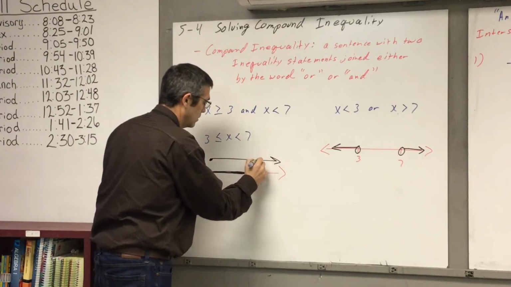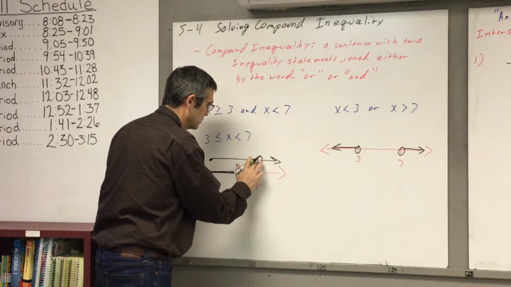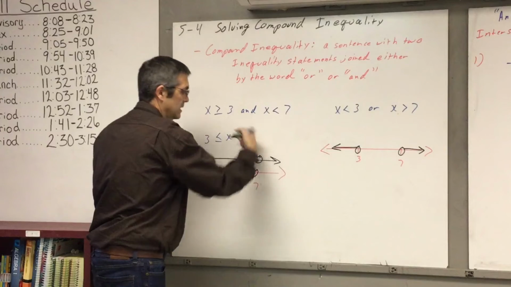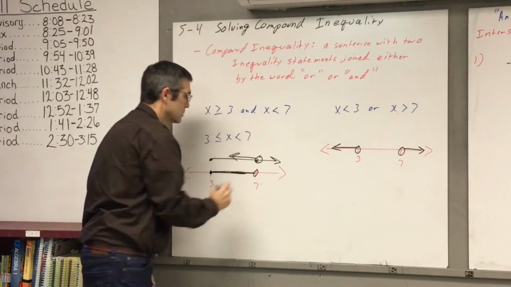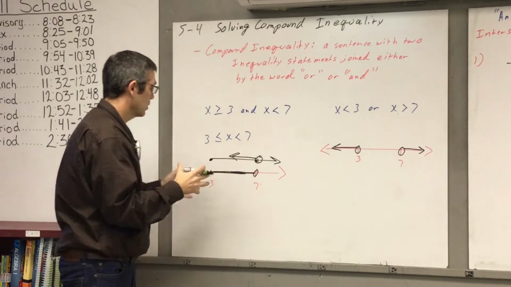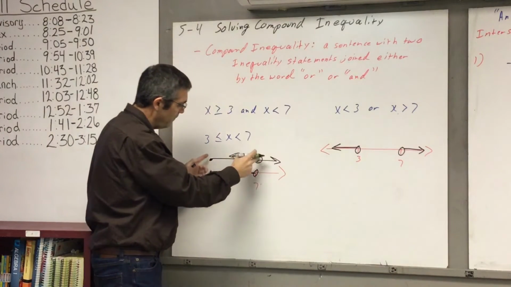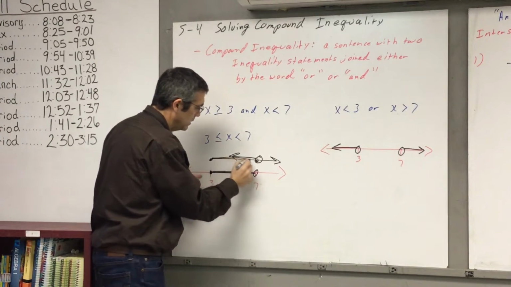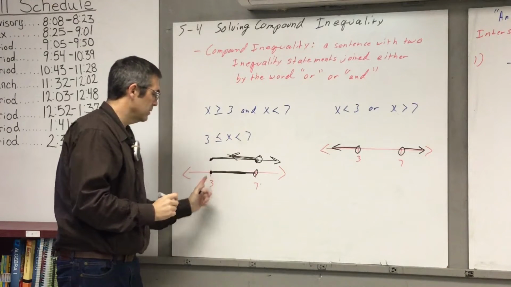So open circle, not a closed, less than. Both of these statements have to be true in order for this to work. So it includes everything in between here and here.